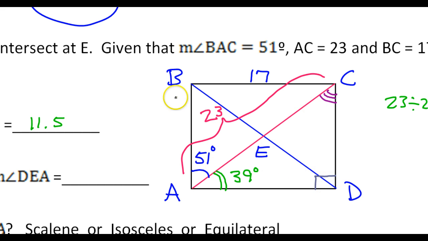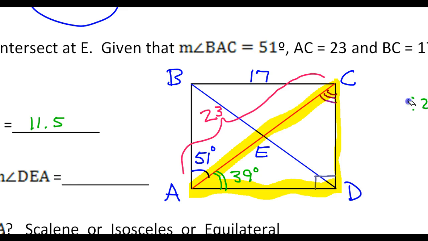So if you look at this triangle over here, you know that all three of these angles have to add up to 180 degrees, or if you know the shortcut that since this is 90, then these two angles have to be complementary. These two angles have to add up to 90.